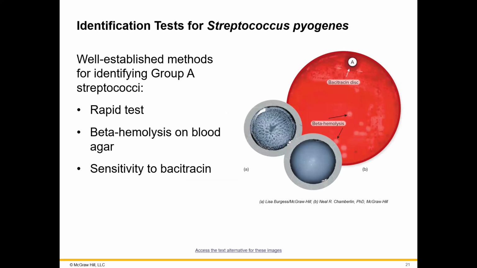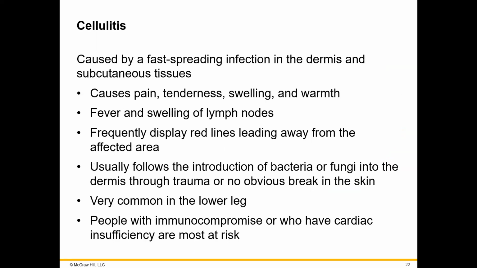We have rapid tests available for it, and it is sensitive to bacitracin. We can use Kirby-Bauer as an identification method, and the size of the zone of inhibition around bacitracin can indicate that it is strep, in addition to its beta hemolytic abilities.